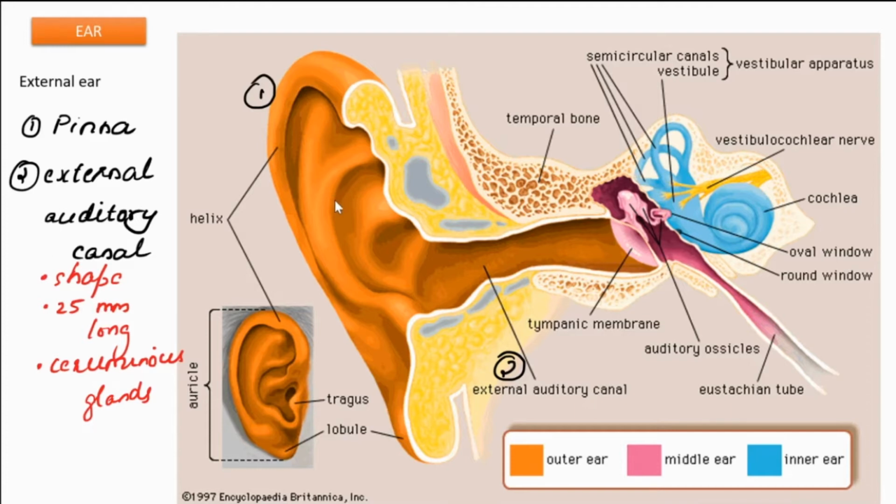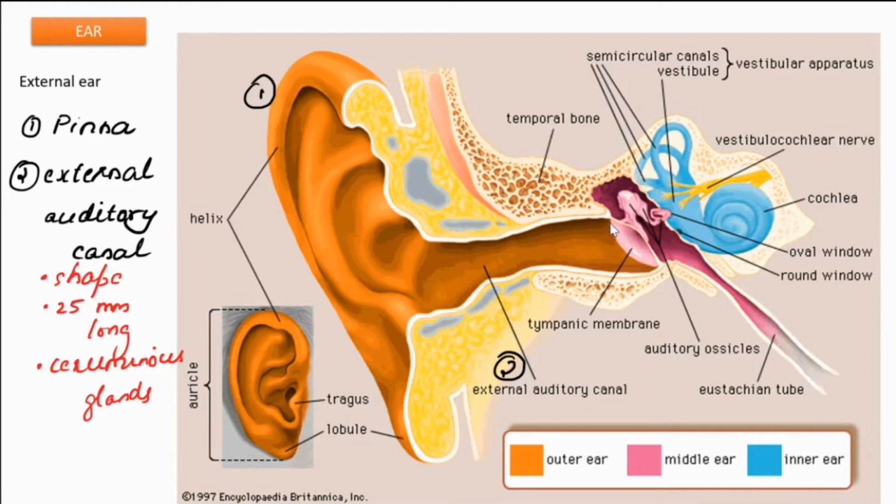Then next is about the external auditory canal. What is its shape? First we need to tell about the shape. The shape is funnel-like. Do you feel it's a funnel-like shape? Anyway, we need to understand the shape is like a funnel. And this external auditory canal ends where? Near the tympanic membrane.